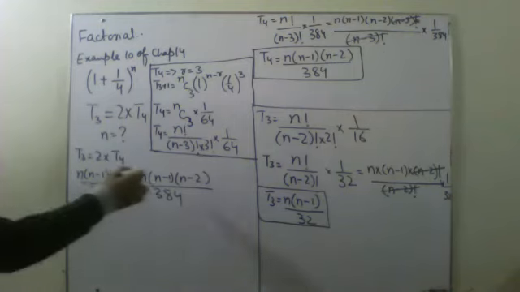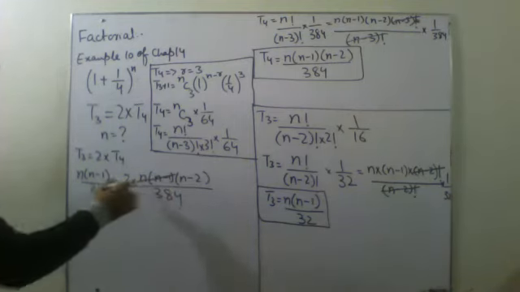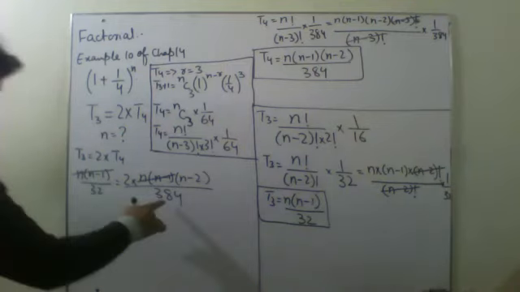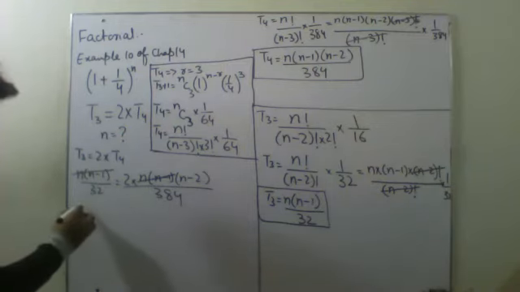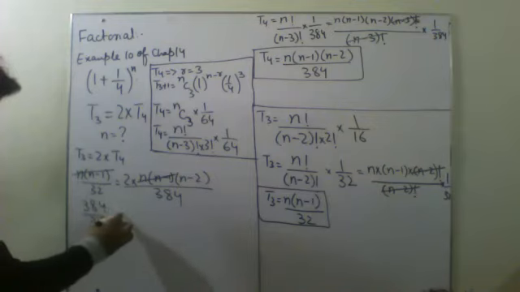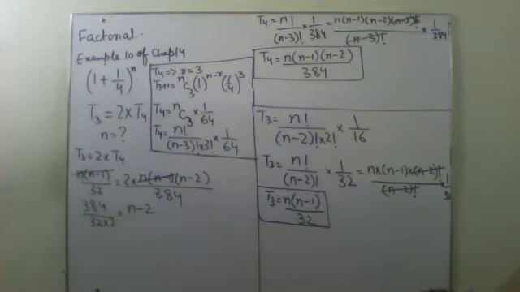Okay, see, these two will be cancelled, right? And I'm shifting 384 over here. So 384 over 32 multiplied by 2 equals n minus 2. Okay, this I have got.